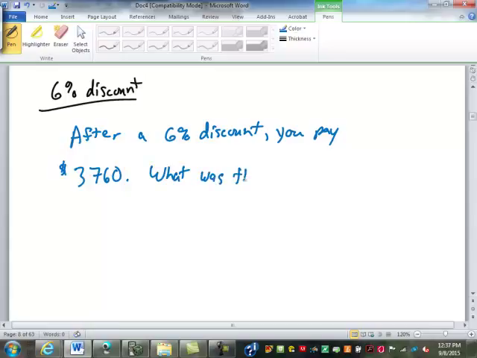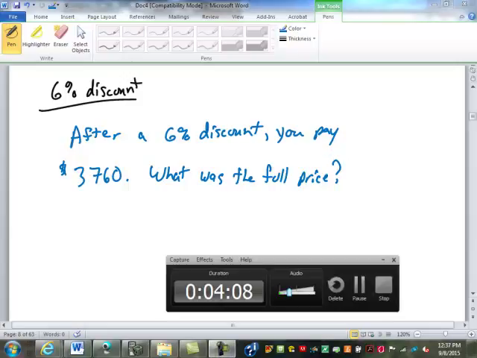What was the full price? I want you guys to take a second, see if you can figure that out. What would be if you paid $3,760 after receiving your 6% discount, what would the full price have been? See if you can figure that out quick. I'll give you a couple minutes.